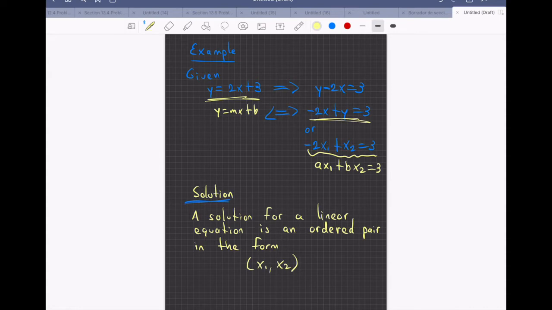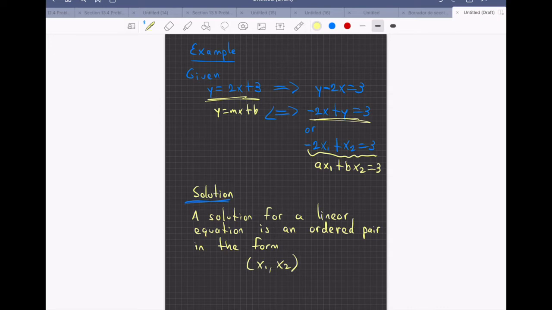Of course, not any pair is going to be a solution, but here the order is important because the first element corresponds to x1 and the second one corresponds to x2, or whatever you want to label the variables.